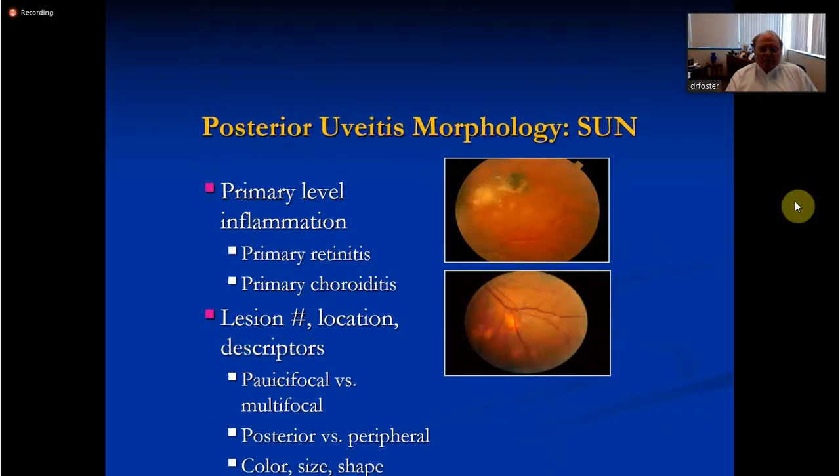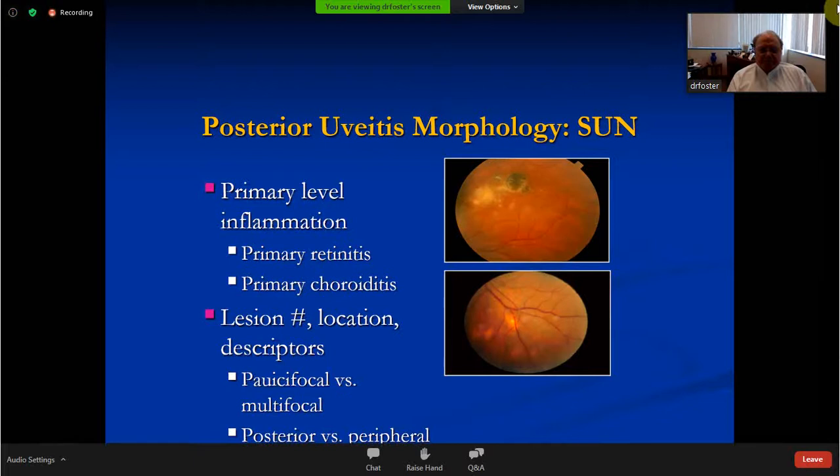So what about the retina? What about the posterior uveitis that could be associated with retinopathy? Well, it could be primary or secondary. It could be because of frank retinal involvement or secondary involvement because of a choroiditis underneath the retina. The descriptions that one wants to use are important.